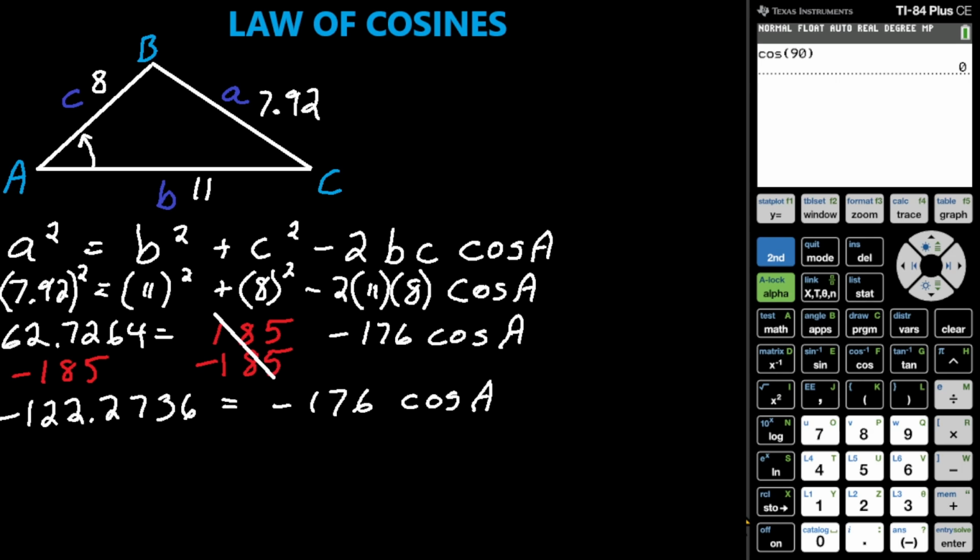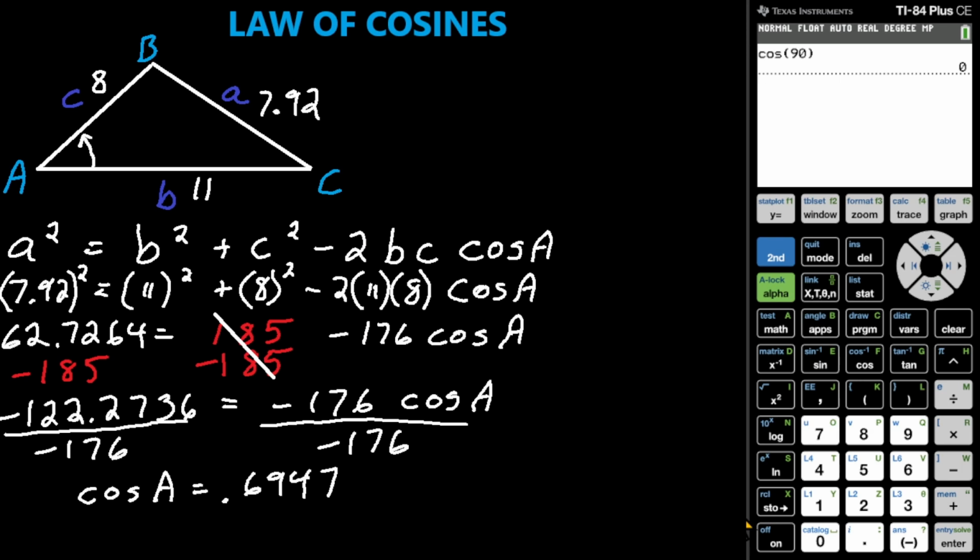Then divide both sides by minus 176. And then in order to find out what angle A is, the cosine of angle A is 0.6947. So I'll find what's called the arc cosine. So I push second and cosine, and I'm putting in 0.6947.